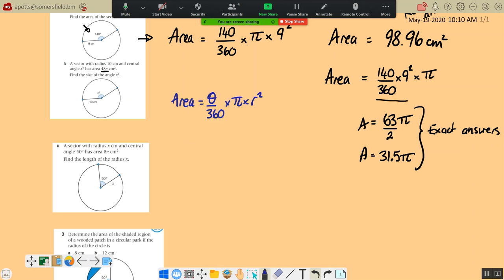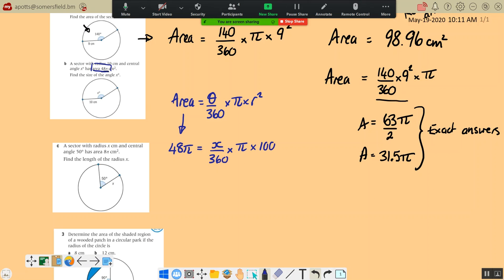Yes, so I can replace area with 48 pi. The angle is the unknown, so I'm going to put x divided by 360. Then I'm going to multiply by pi, and then multiply by r squared, so that's 10 squared. So let's call it 100.